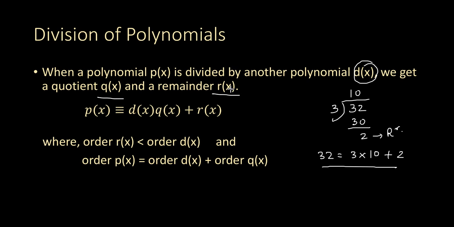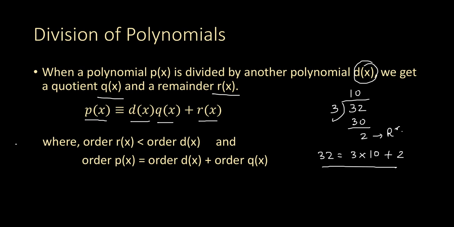These polynomials may be constant also, depending upon the order. Okay, as we have already discussed that a constant can also be regarded as a polynomial. So your original polynomial px can be written as multiplication of divisor into quotient plus remainder. This x only indicates that these are now polynomials, not just numbers, right?